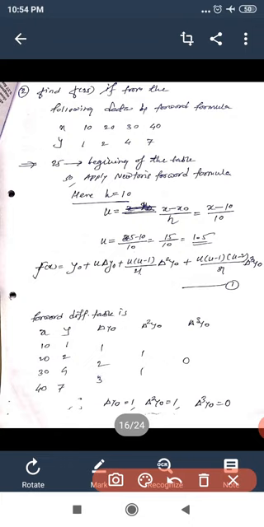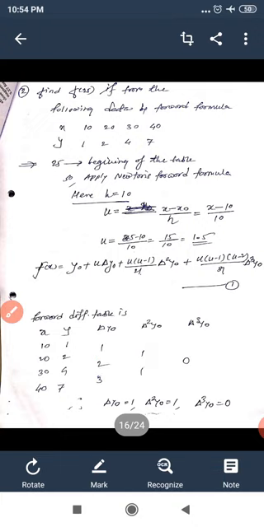This is the first difference. Now the next difference, 2 minus 1 is 1, 3 minus 2 is 1. That is the second difference. Again, the next difference is 1 minus 1 is 0. Now from this difference table, these values are important. This is del of y0, this is del square of y0, and this is del cube of y0.